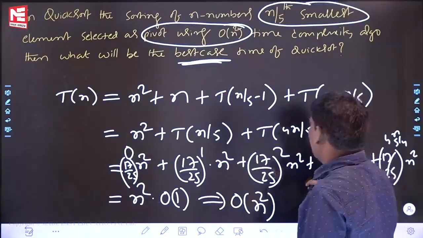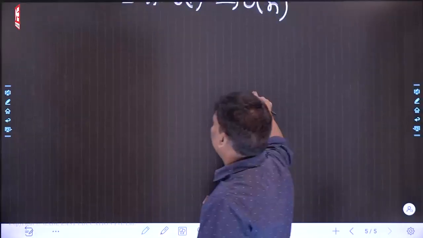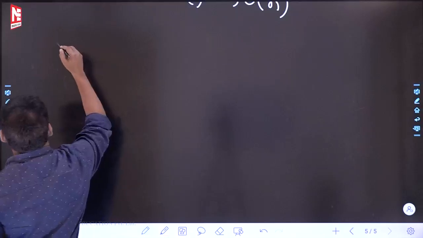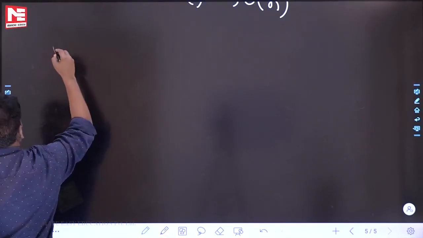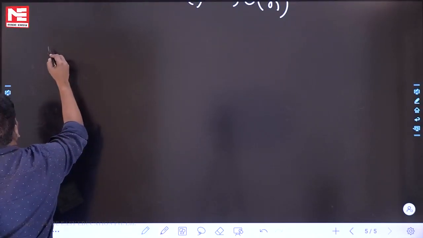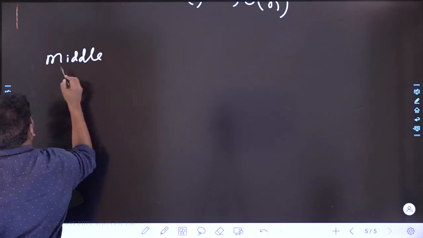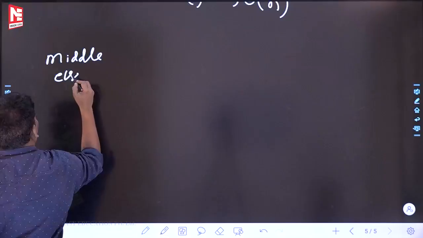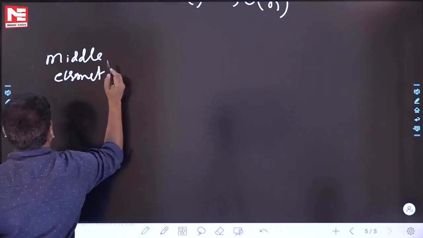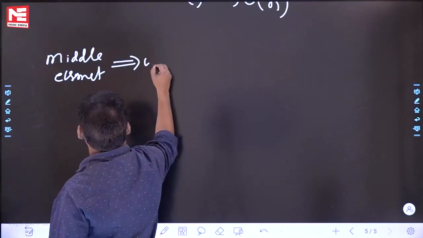Now let's see some small conclusions. Listen. In one of the previous papers, one question is given: what is the time complexity of the quicksort algorithm if you take the middle element as the pivot? Worst case time complexity of quicksort, how much?